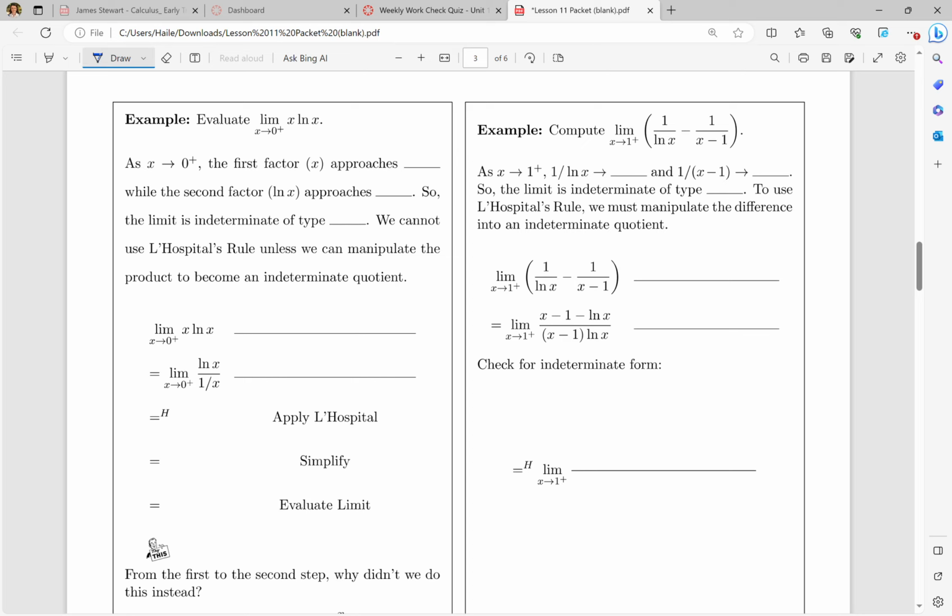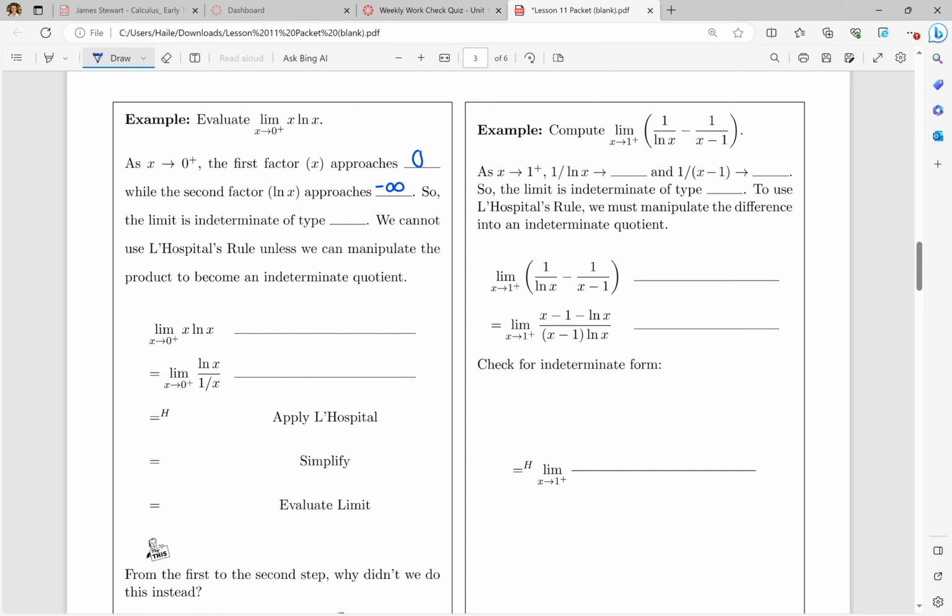So as x approaches 0 from the right, the first factor, x, approaches 0. Plug in 0 for x, well, it's just 0. The second factor, ln of x, approaches negative infinity. And again, that comes from the graph of ln, so if we think about what's happening to ln close to 0, we see that it decreases without bound.